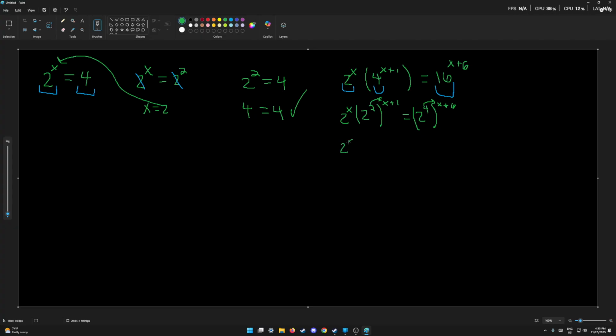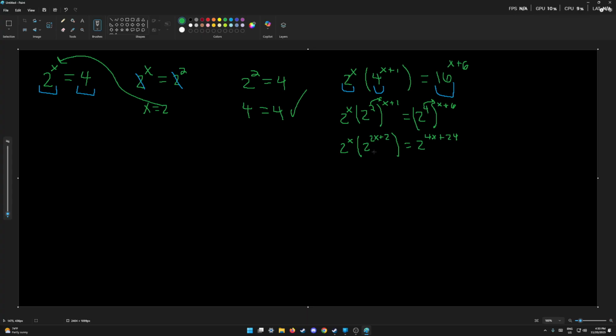So we'll have 2 to the x times 2 to the 2x plus 2 equals 2 to the 4x plus 24. And we're almost to our situation from before.